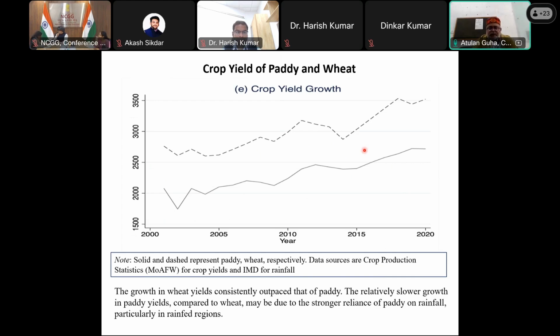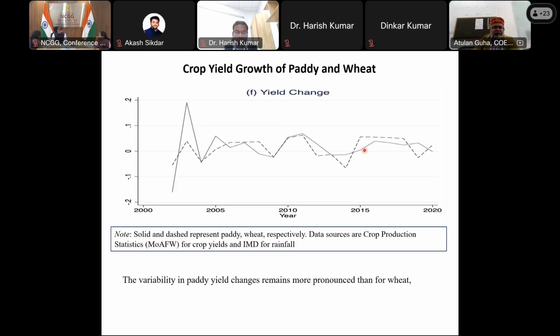Since rainfall is going down and fluctuating a lot, that will be impacting the paddy much more than the wheat. This is the growth rate of yield between the paddy and wheat.